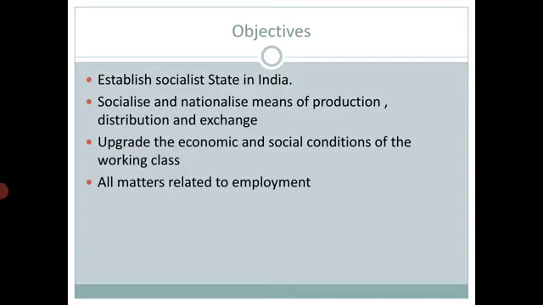Then it is to secure and maintain for the workers the freedom of speech, the freedom of press, the freedom of association, the freedom of assembly, the right to strike, and the right to work and maintenance.